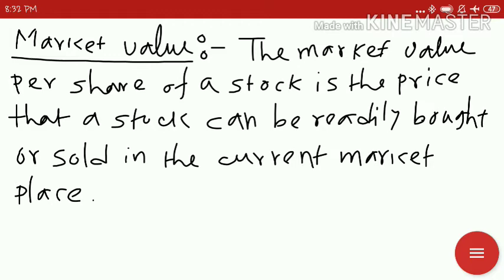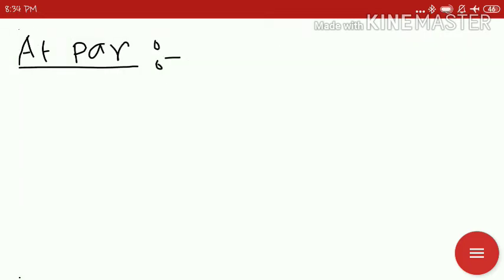Now another term that we are going to learn is at par. What is meant by at par? At par means that the face value and the market value of that particular share are the same. I'm writing face value as FV and market value as MV in short, but you should not write these short forms in your examination.